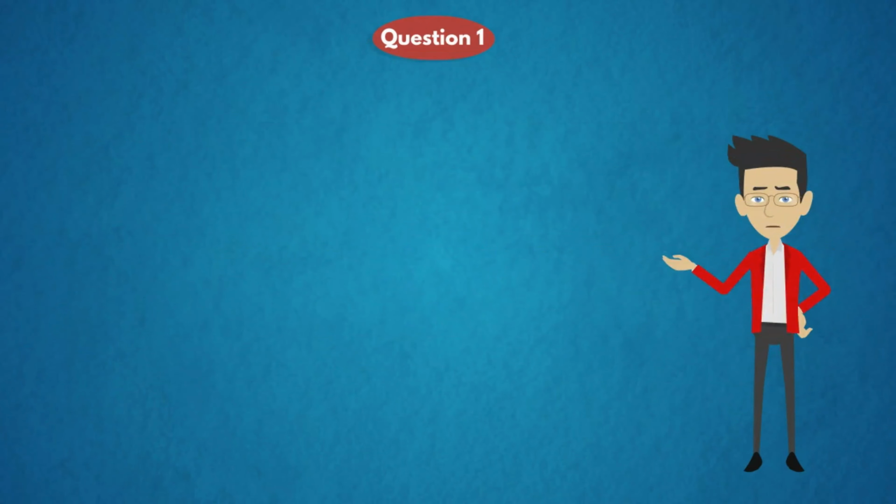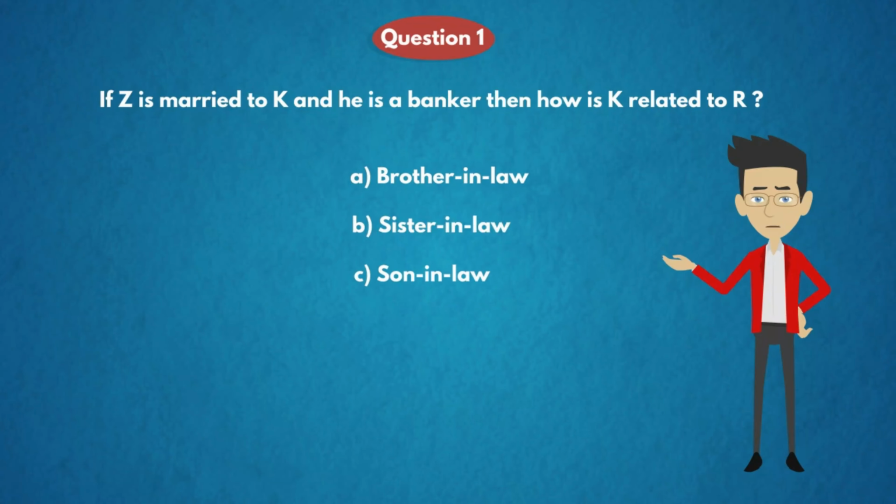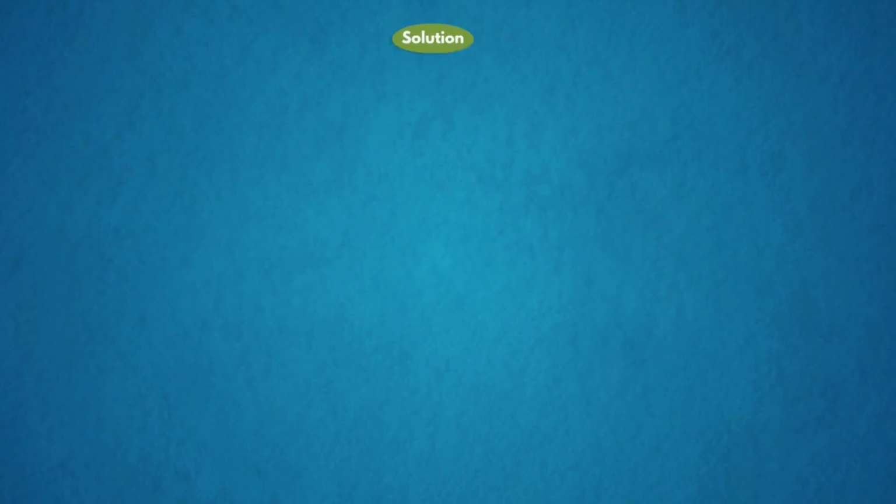Question number 1. If Z is married to K and he is a banker, then how is K related to R? Options are option A, brother-in-law, option B, sister-in-law, option C, son-in-law, option D, daughter-in-law and option E, none of these. Let's see the solution.